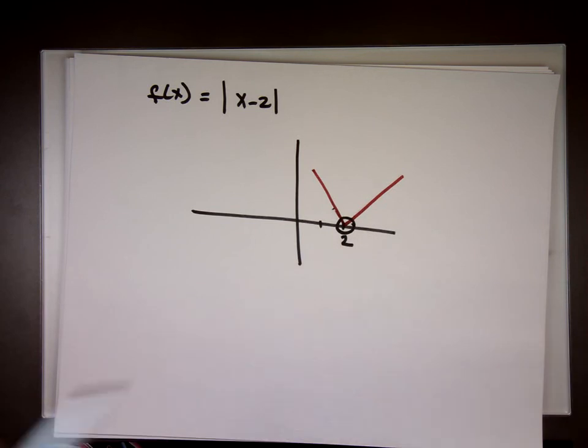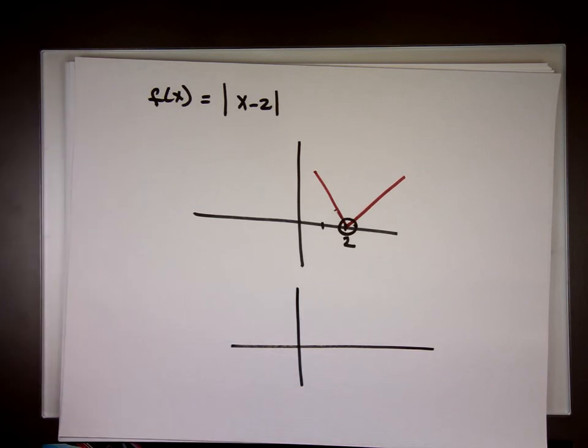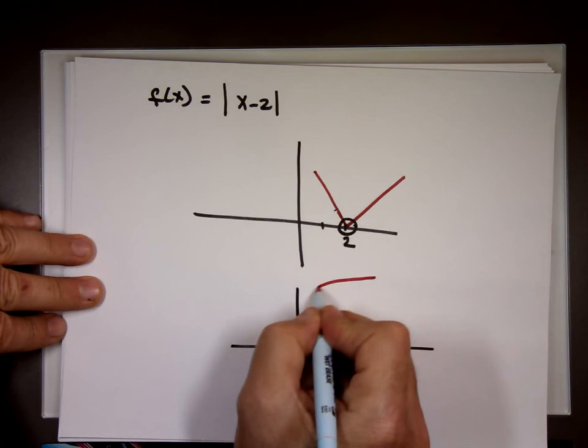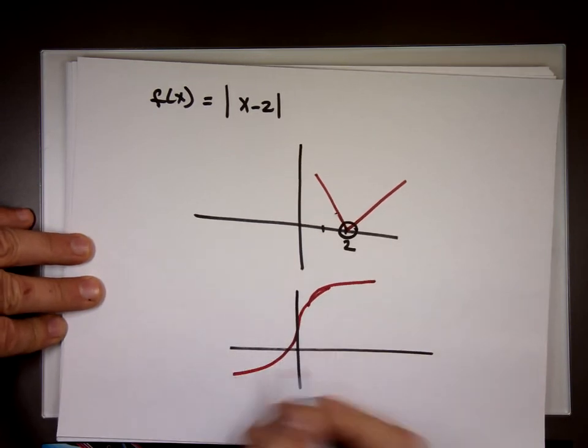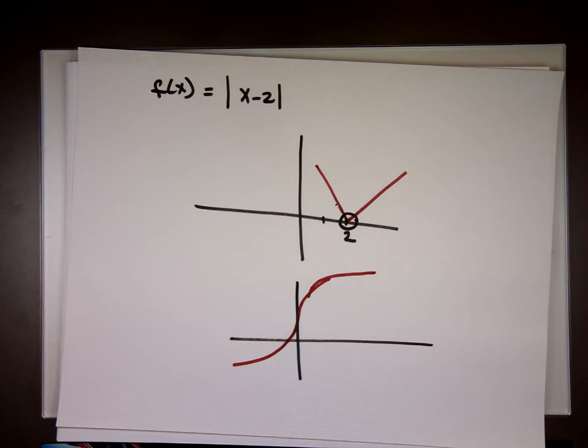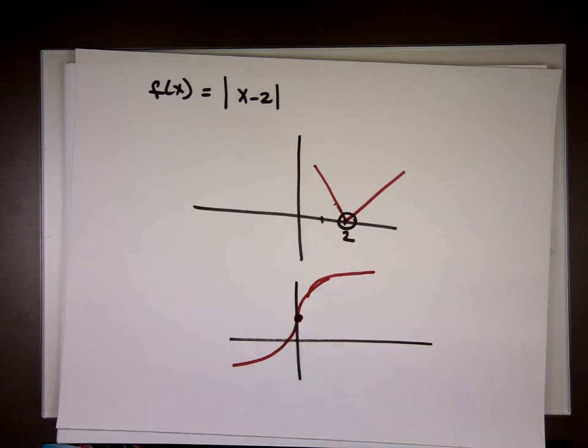And the third place where the derivative might not exist, or definitely will not exist, is if you have a function that looks like this. Right at this point, what do you think the slope looks like?